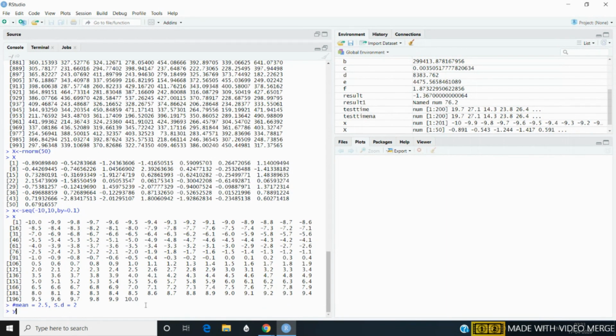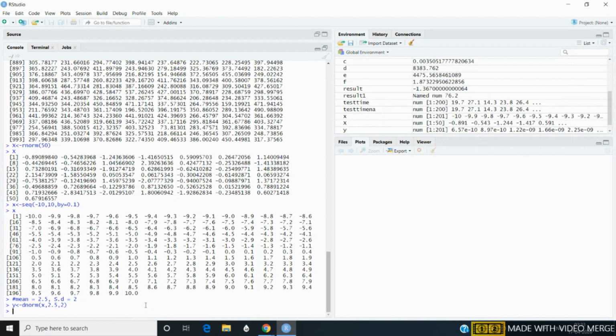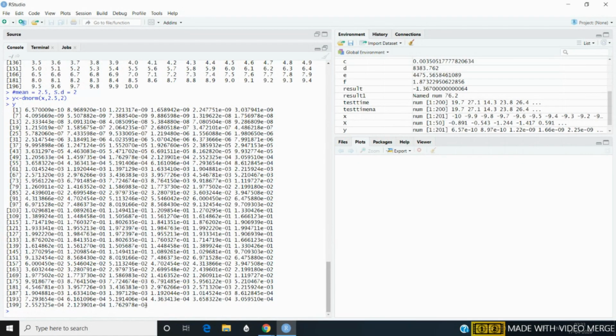I'm assigning y dnorm, for the values of small x, mean 2.5 and standard deviation 2. This way the density function is generated. Let's check the values of y. These are the values for the density function.